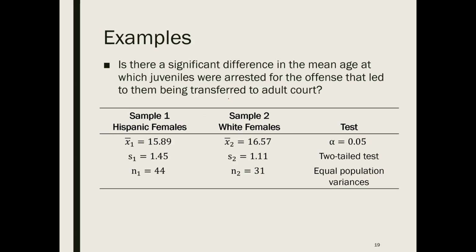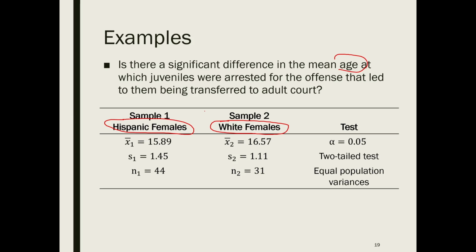The dependent variable is the mean age at which they were arrested for the offense that led them to be transferred to adult court. The independent variable didn't show in the research question, but you can see in the table that it is race: Hispanic female juveniles and white female juveniles.